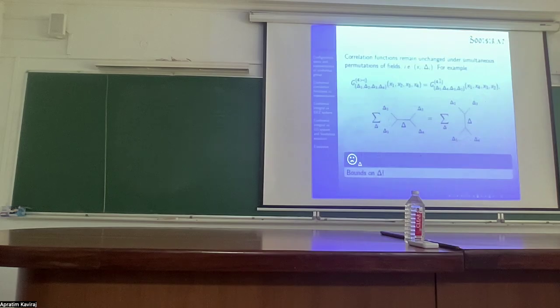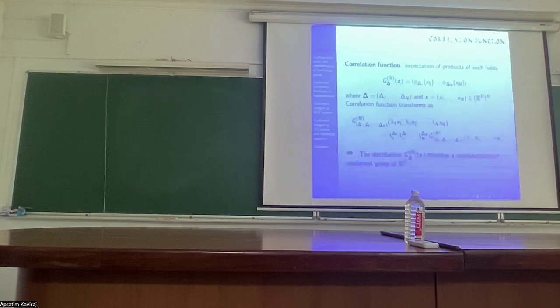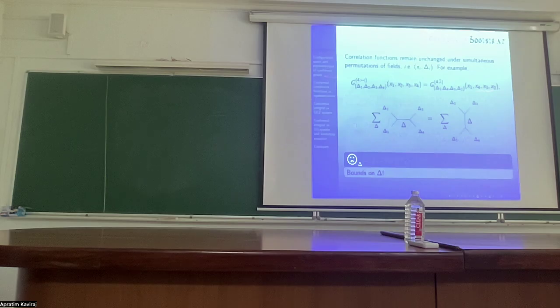Then correlation functions remain unchanged under simultaneous permutations of fields, that's basically by changing the x's and delta's together. That's more or less the spirit. There are different ways of motivating the bootstrap, but this is one of the ways of writing it. As an example, in the 4-point function we have this: the 4-point correlation function has 4 fields with 4 deltas and 4 different x's.